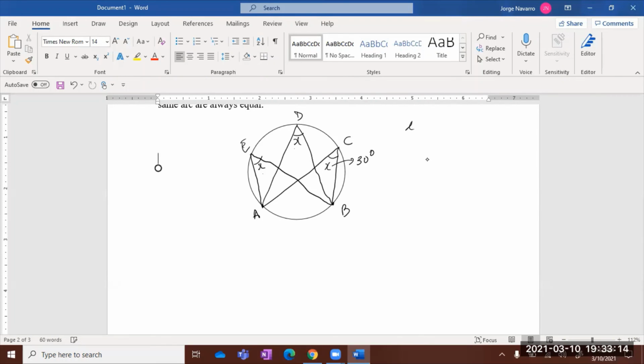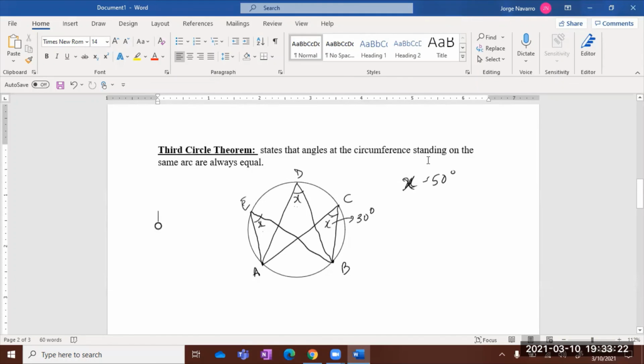So if X is 50, it will be 50 for all of them, all right? If it is 40, it will be 40 for all of them.